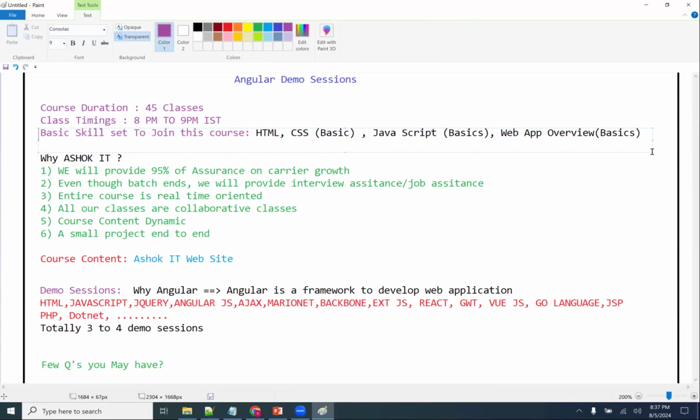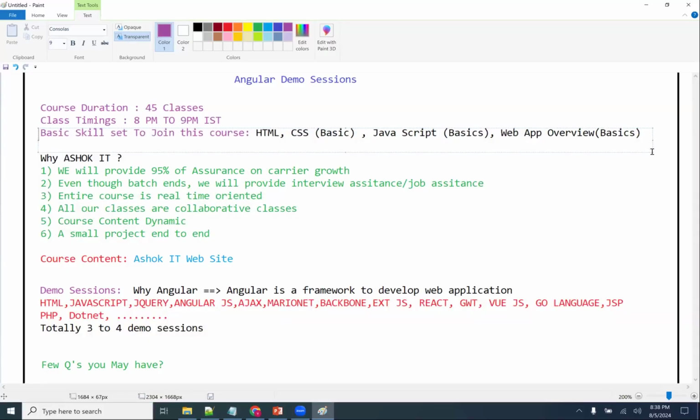Basics of JavaScript like var, let, const, and functions are enough.